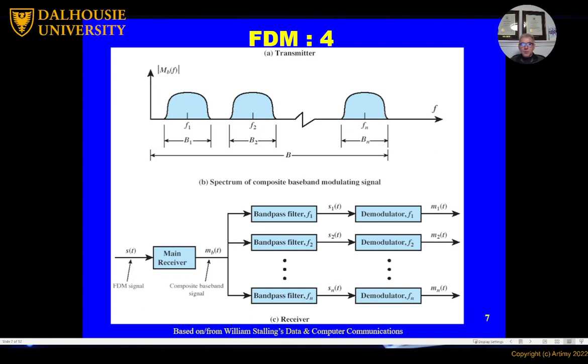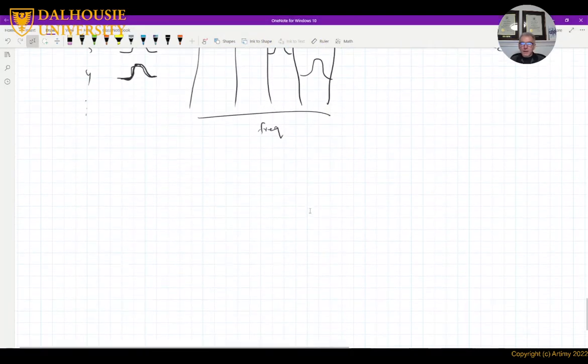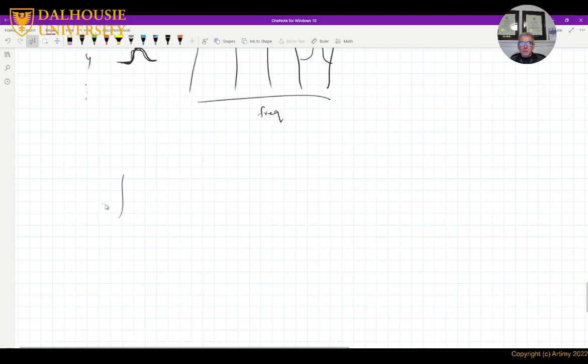On the demultiplexing side, what we will do is try to isolate these. We receive one signal, so we isolate each channel by applying a bandpass filter. If you look at it from the frequency perspective, we have a signal that carries multiple bandwidths or multiple frequencies from different stations.